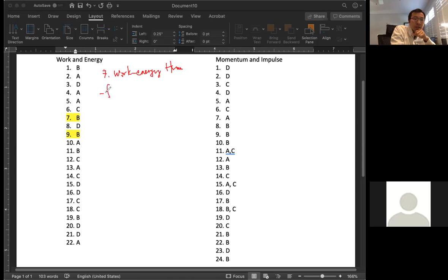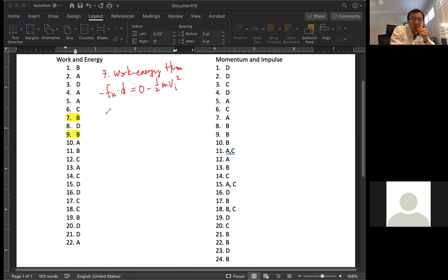The work done times d should equal the change of the kinetic energy, v initial squared.